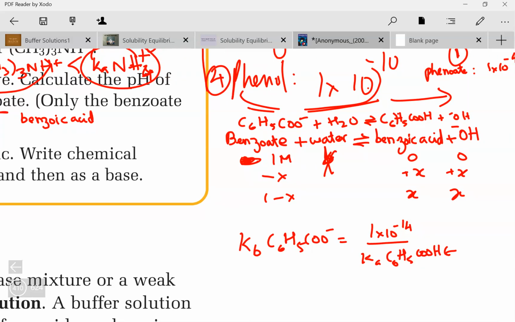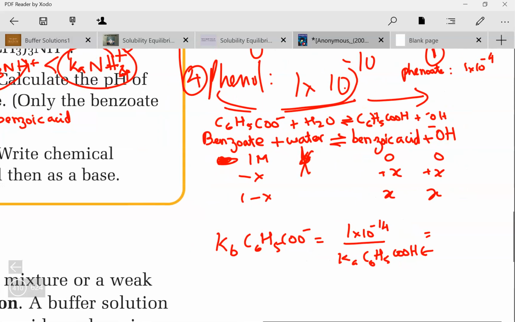You always have to do this little extra calculation when you are doing the pH of a salt. So 1 times 10 to the power negative 14 divided by, I think we already found it above, 6.3 times 10 to the power negative 5, is equal to 1.587 times 10 to the power negative 10.